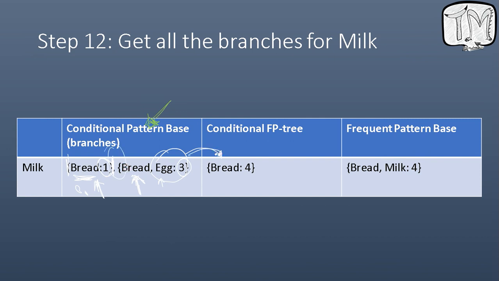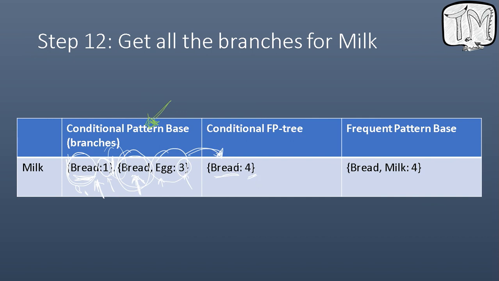So we only copy those items from here to here which are available in all the branches, and that condition is only met by bread. So we copy bread here, and the frequency will be the total frequency of bread: 3 times here bread was found, and 1 time here. This means that on the path from root node null to milk, bread appeared 1 time and we had milk of frequency 3. So in total we are putting 4 here.